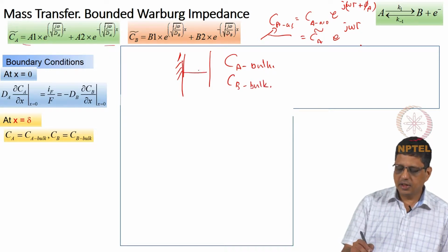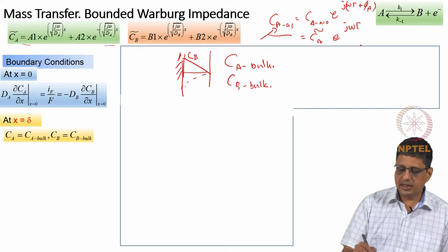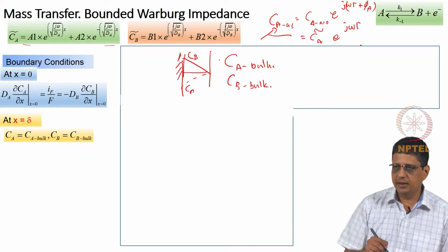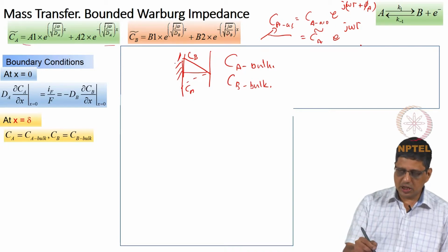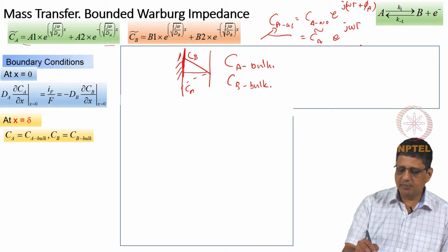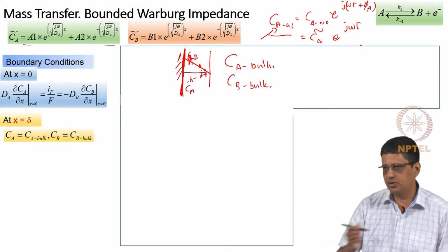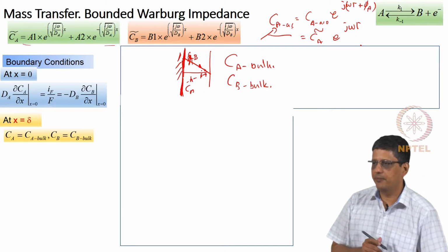Here when I apply only DC potential, it is possible this is Cb and this is Ca, a straight line, linear line, and if I apply a sinusoidal potential on top of this, concentration here will fluctuate with time, concentration here will also fluctuate with time, and you can imagine that the amplitude of fluctuation will go down as you go further towards the boundary.